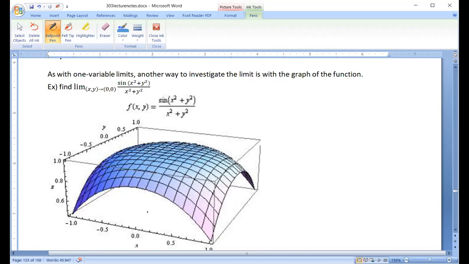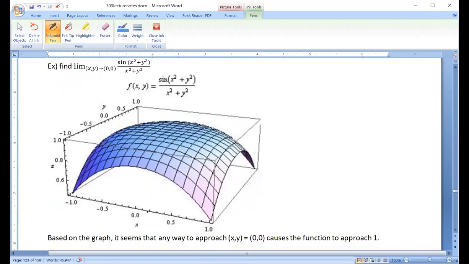And what we can see is that as we head to the middle, we're reaching the top of this dome. It's always hard to tell with 3-dimensional graphs, but we're reaching the top of this box.